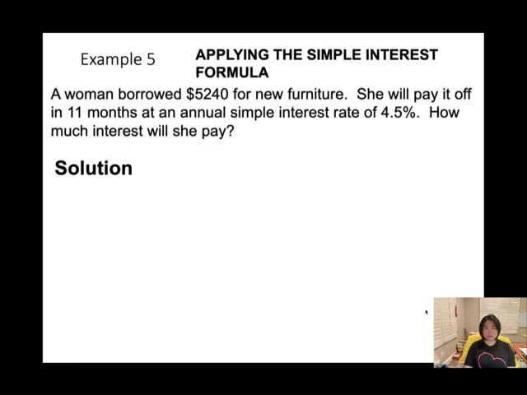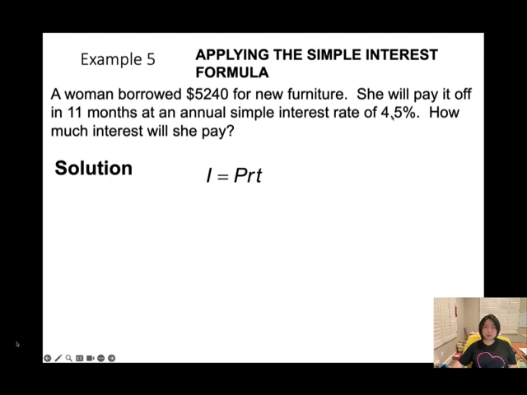Okay, last example. Applying the simple interest formula. A woman borrowed 5,240 for new furniture. She will pay it off in 11 months at an annual simple interest rate of 4.5%. How much interest will she pay? Okay, so we're going to use this simple interest formula. So first, your R here is the interest rate.